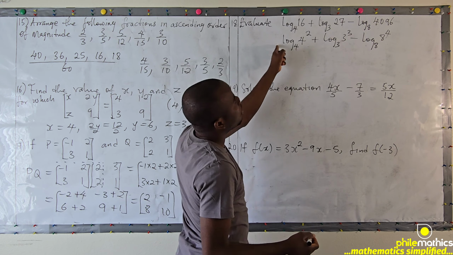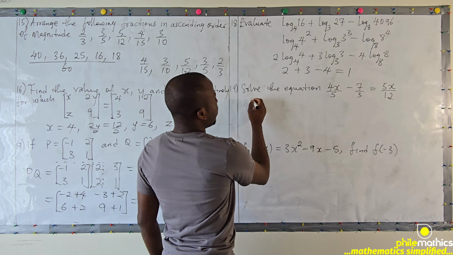19 says, solve the equation 4x over 5 minus 7 over 3 equals 5x over 12. We can simply multiply through by the LCM. And what's the LCM? 60.